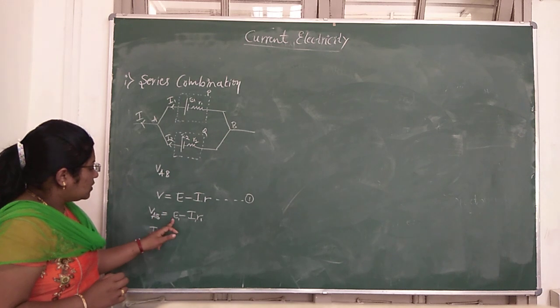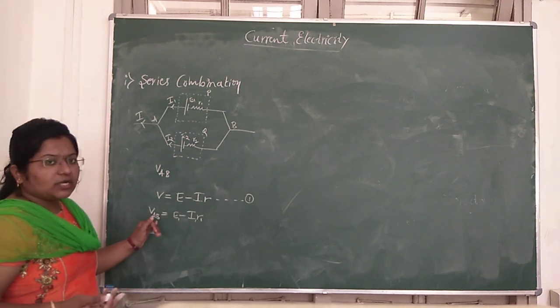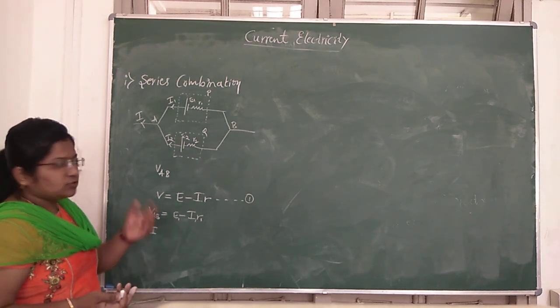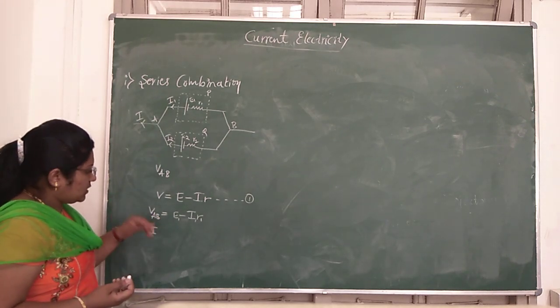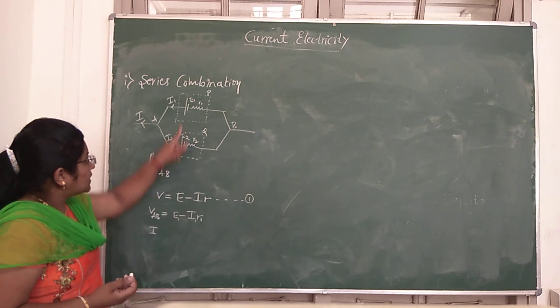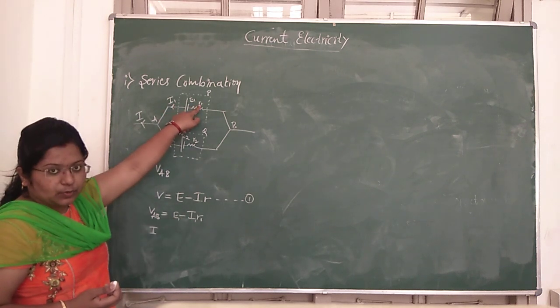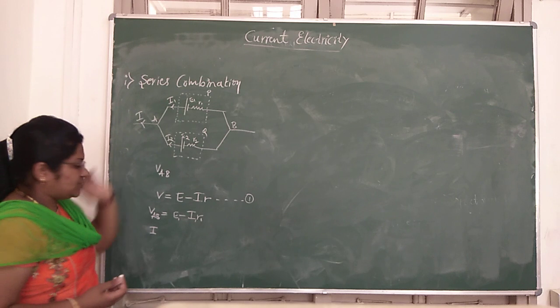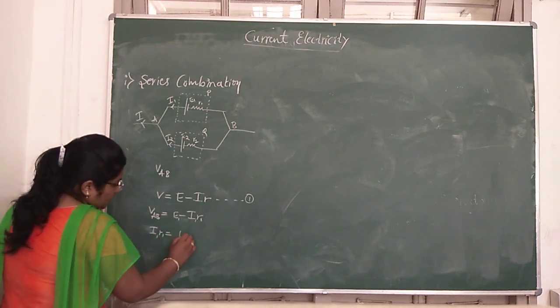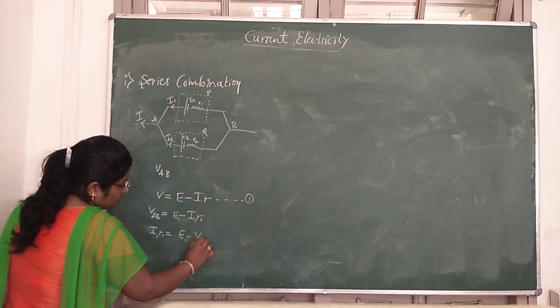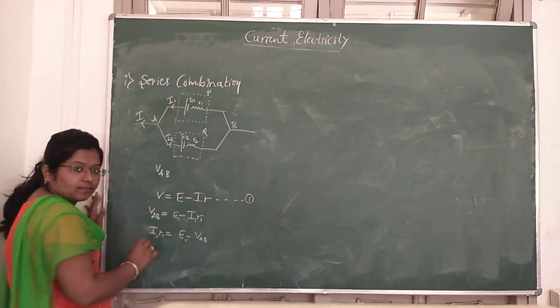Instead of VAB, if you call it only V, no problem, because you have a single potential difference there. So VAB or V is equal to E1 minus I1 R1. I am just doing some simple adjustments: I1 R1 equal to E1 minus VAB.